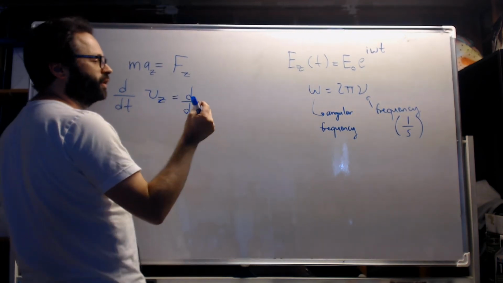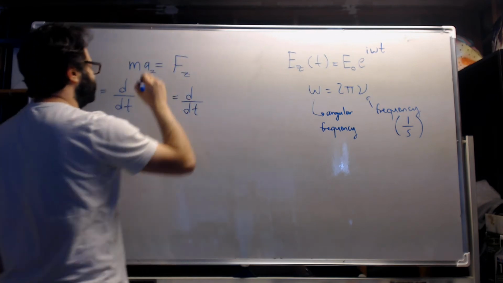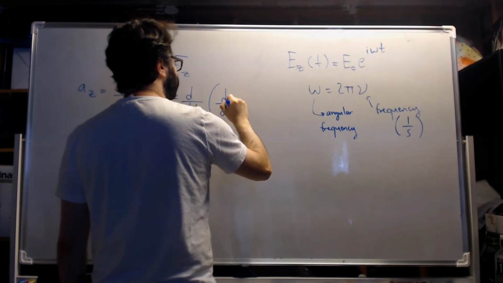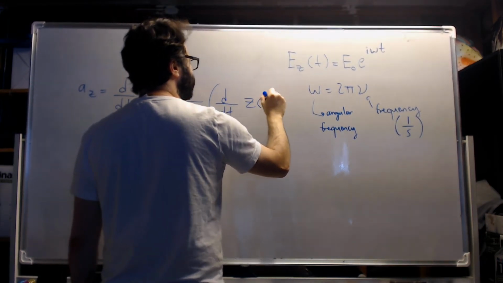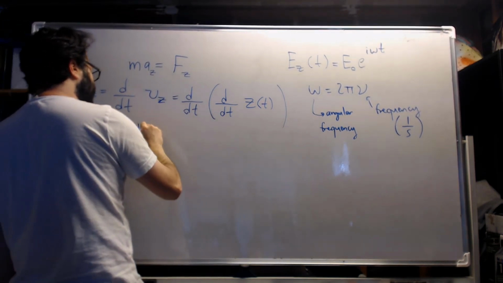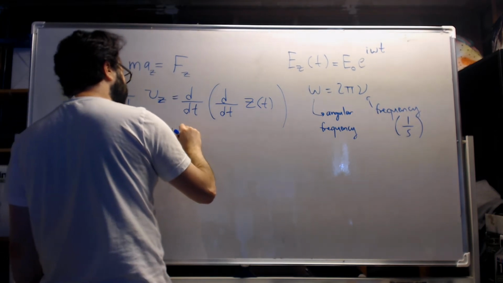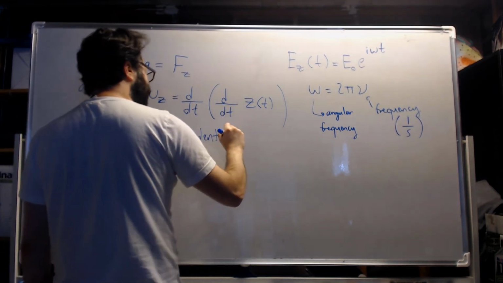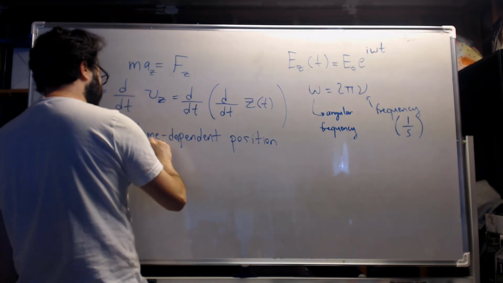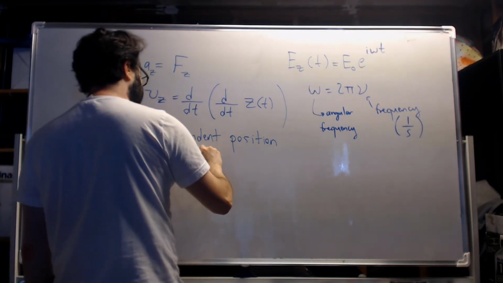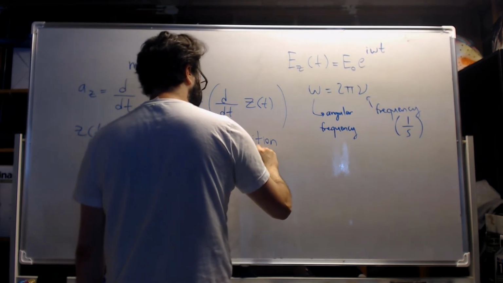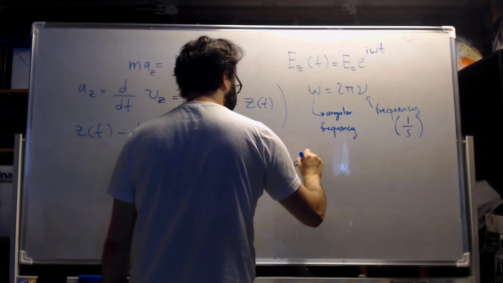What is the rate of change of position? Well, let's call the position of the electron as a function of time z of t. So let's say d dt of z of t, where z of t is the time dependent position of the electron along the z-axis.